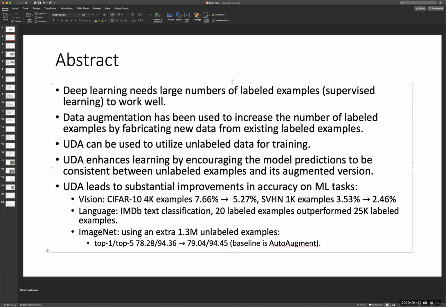And it can then reduce the top 1 and top 5 performance statistics from 78.28 to 79.04 from a baseline, which is called the auto-augment baseline, which is a state-of-the-art baseline. And we'll go into much more detail on what auto-augment is.